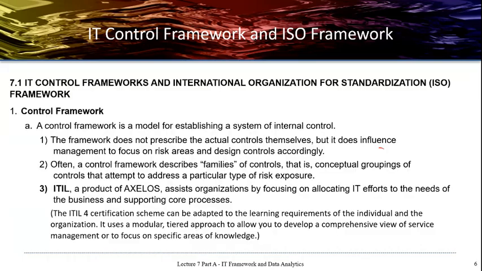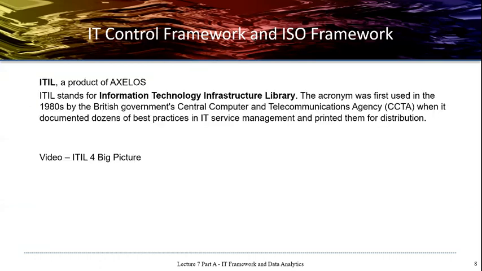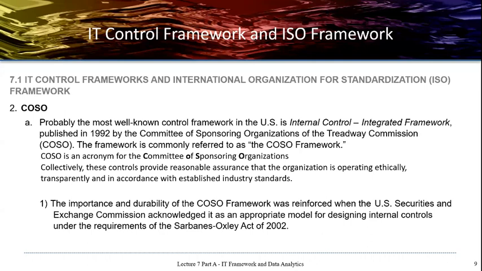COSO is probably the most well-known control framework in the US. Internal Control, Integrated Framework was published in 1992 by the Committee of Sponsoring Organizations of the Treadway Commission, that's COSO. The framework is commonly referred to as the COSO framework.